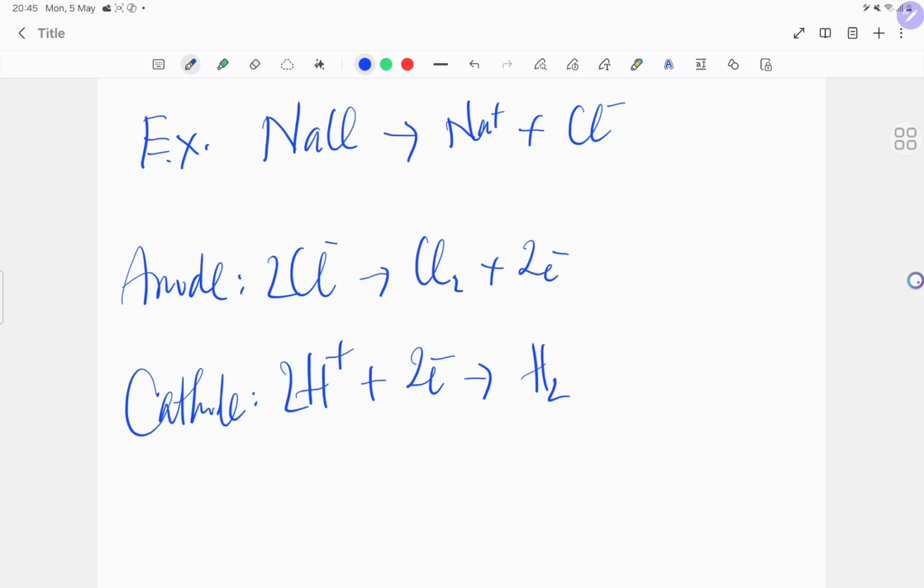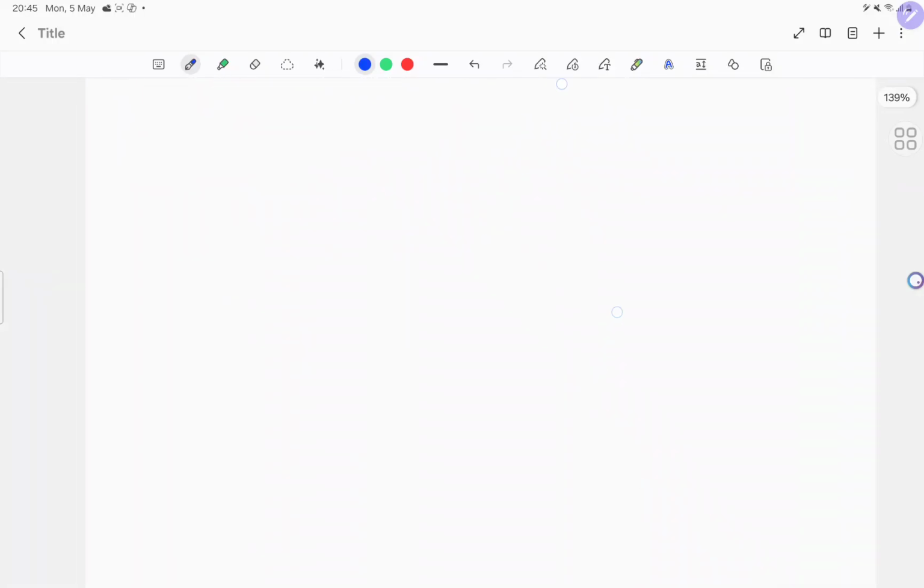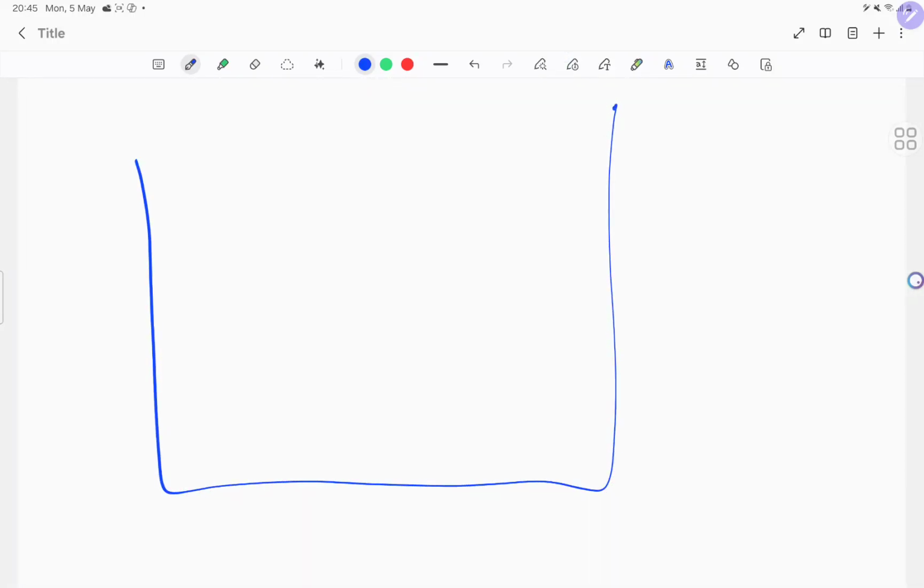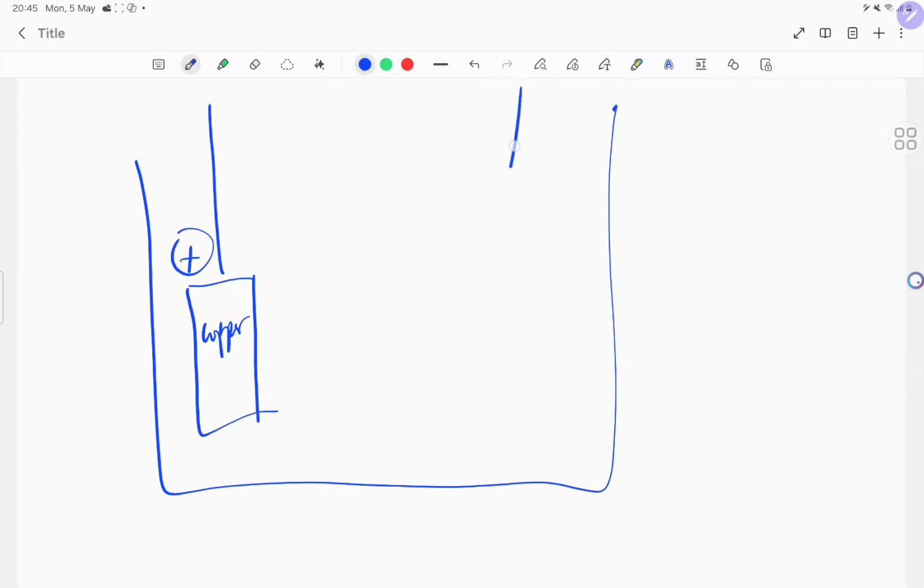Here, let me show you. You've got two electrodes. One of them is made of copper, the anode, and one of them we can make of anything. It can also be copper, but just say it's graphite.